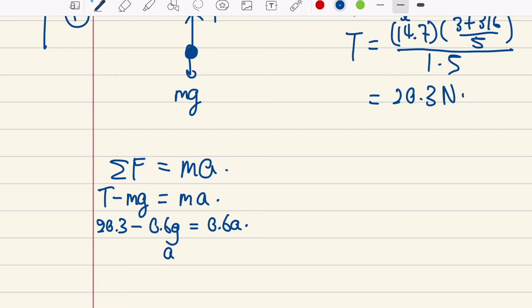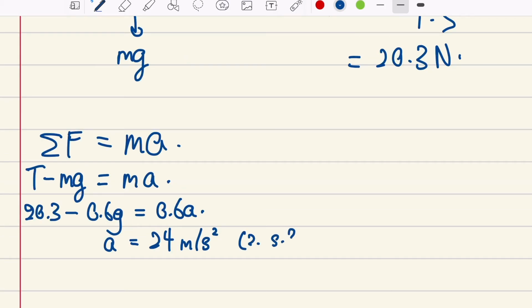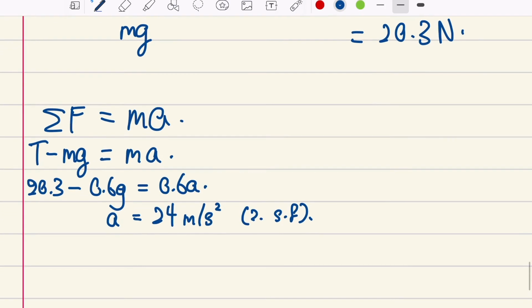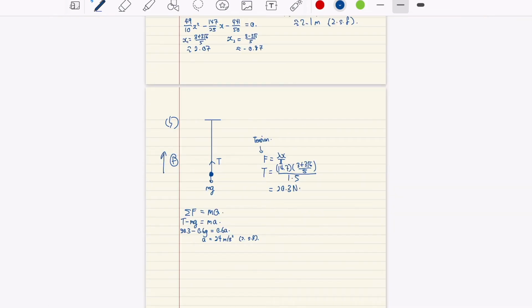So a will be equal to 24 meters per second squared to two significant figures. As you can see here, when the particle pulls the string and reaches instantaneous rest, it will have a maximum acceleration, and we will see this kind of thing more in simple harmonic motion.